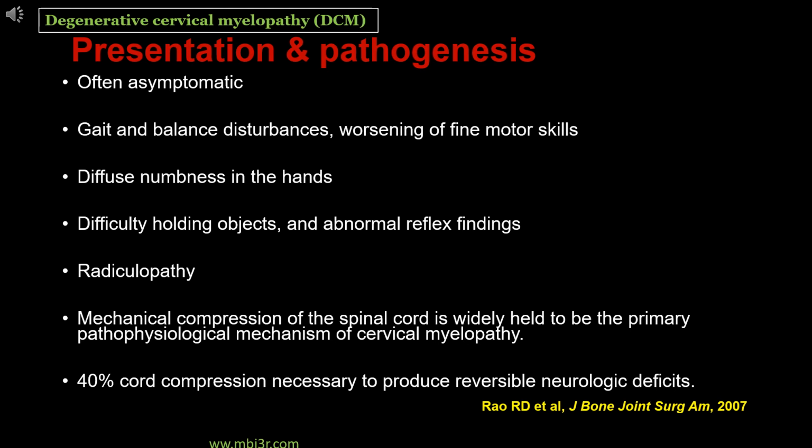Early clinical indicators of DCM are often absent. Patients usually present late. Subsequent disease progression may lead to gait and balance disturbances, which the patient notices at this stage. Worsening of fine motor skills or diffuse numbness in the hands leads to difficulty in holding objects, and abnormal reflex findings.